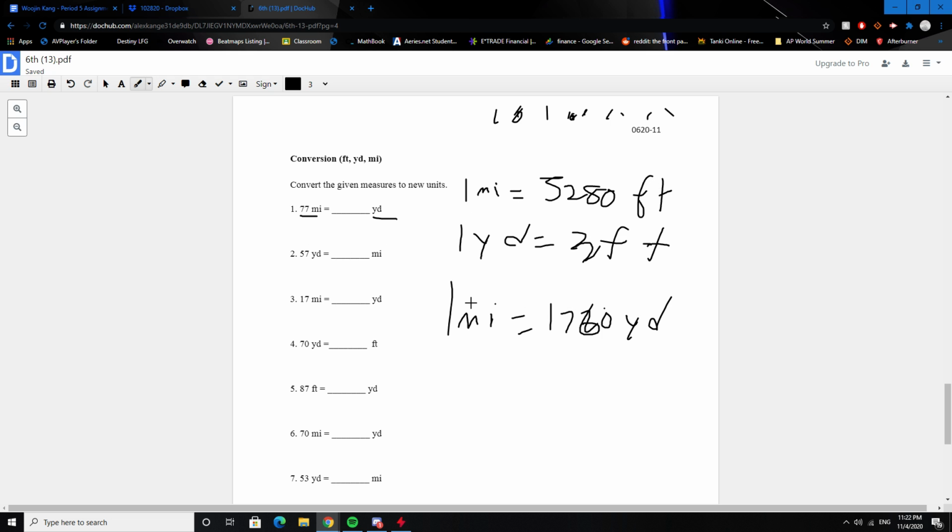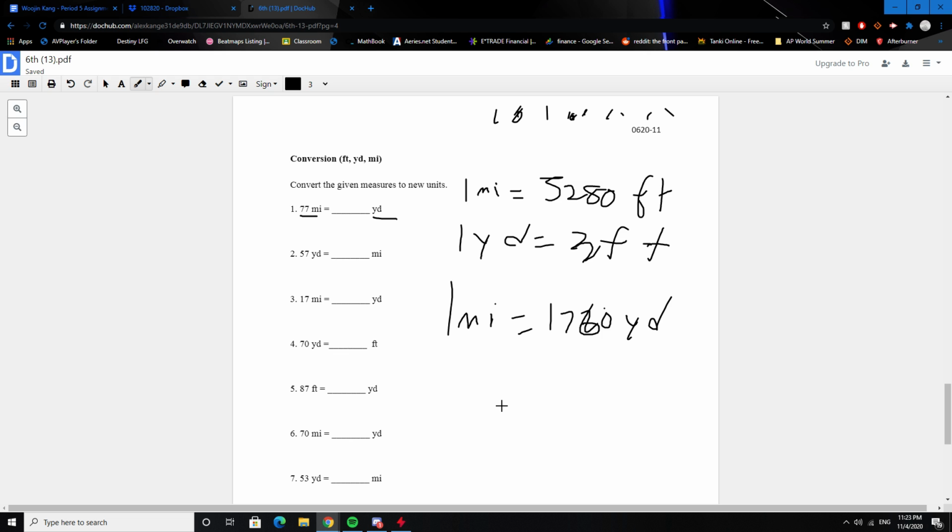So for the conversion, all you're going to do is 77 times 1,760, because you remember that a yard is a smaller unit, which means the number will be bigger than the amount of miles. A good way to think about it is, let's just say a mile is pretty much the distance from your house to your school. That's 1 mile.